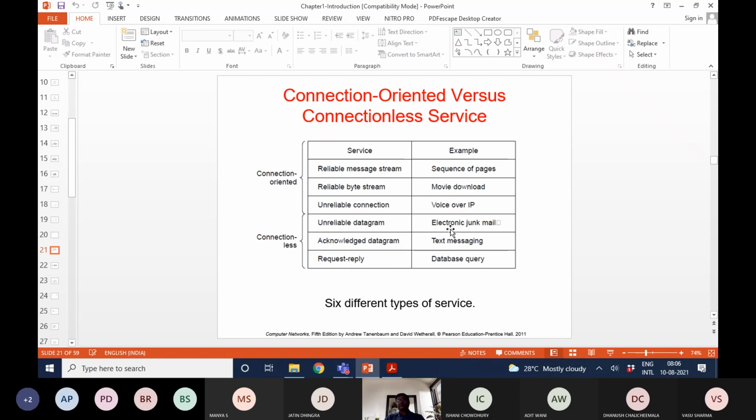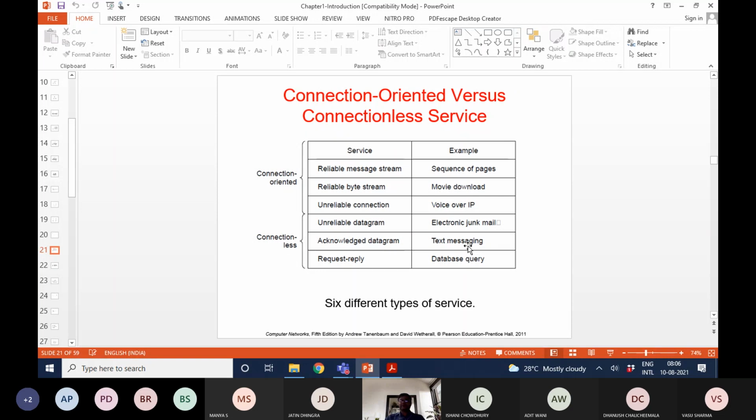For connectionless, we use electronic mail. Email is a connectionless service. We do not have a connection between the source and the destination, and that type of service is called unreliable datagram service. Then there is text messaging: when you send a text message from your phone to another phone, that is a connectionless service.